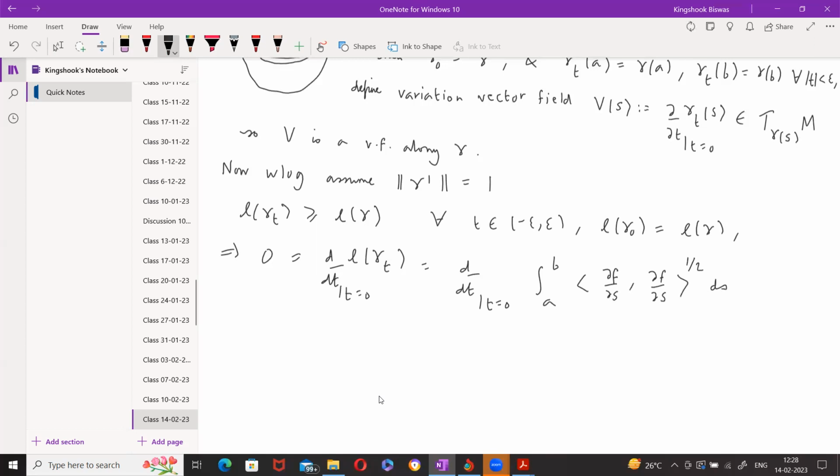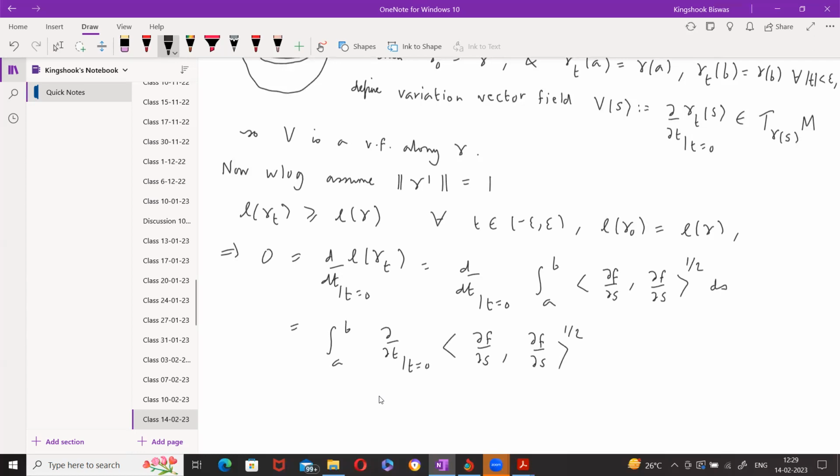Now, what can I do? I can differentiate under the integral sign. So this will become the integral from a to b of del del t at t equal to 0 of this inner product of del f del s, to the power half.